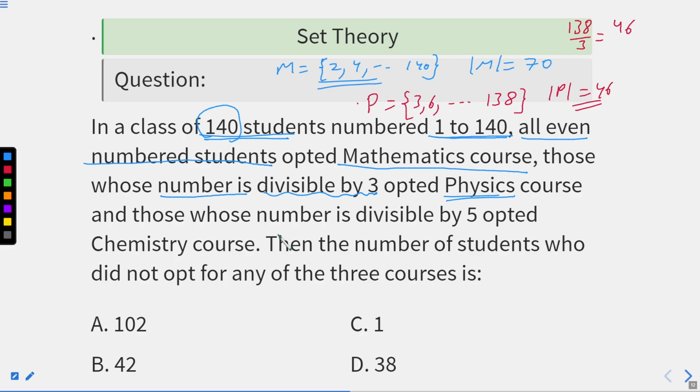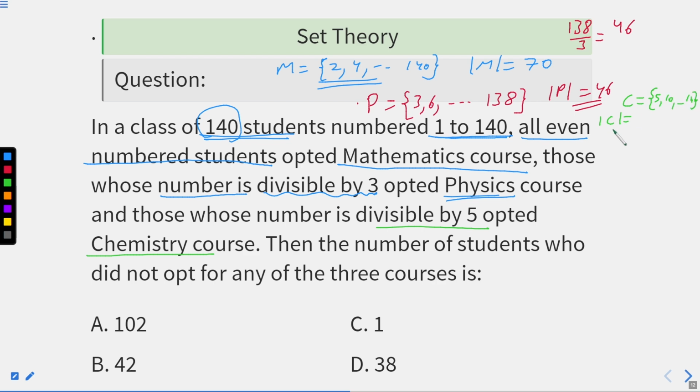Now, if the roll number is divisible by 5, then those students opt for chemistry. If you write down all the roll numbers, the students who opted for chemistry will be 5, 10 till 140.